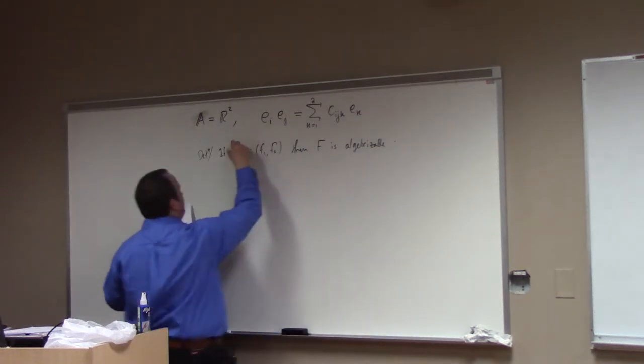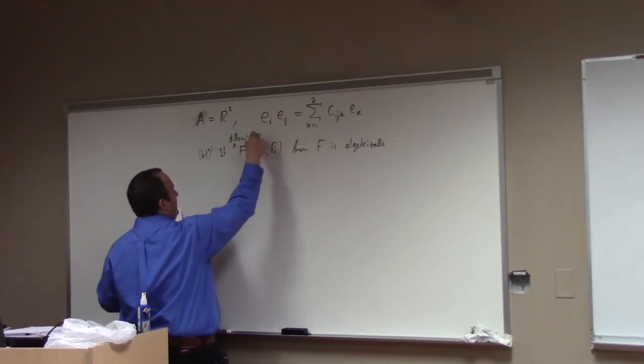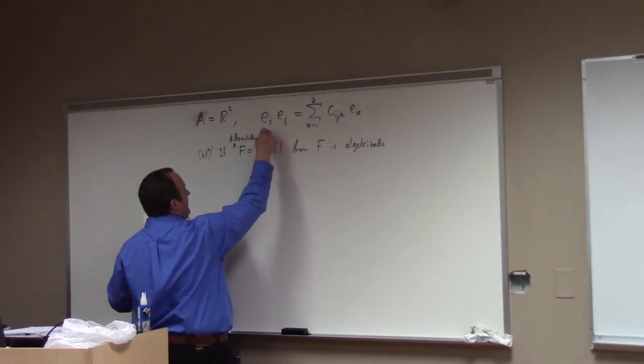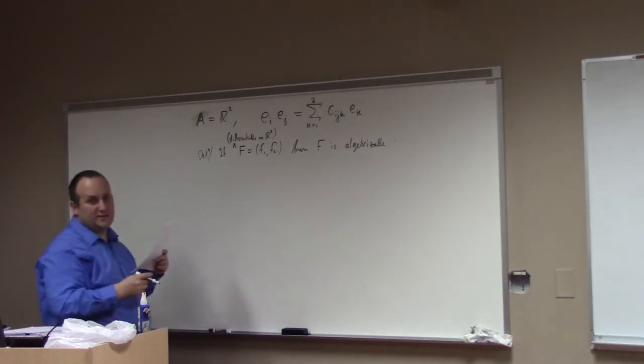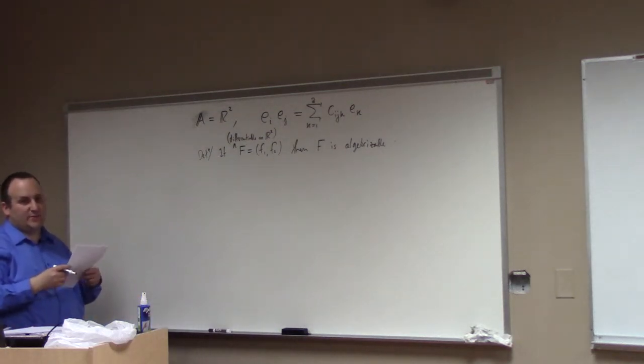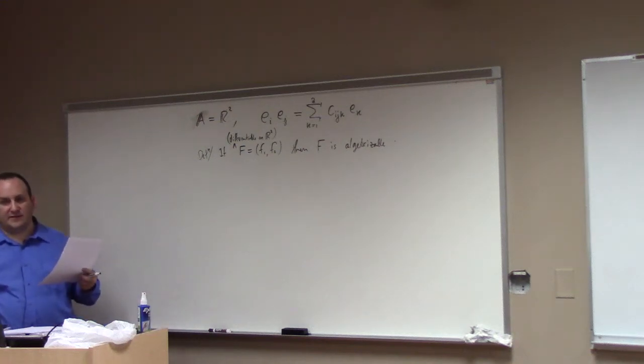I want to assume that this is differentiable on R2. Of course, we could restrict to an open subset, but I'm not really interested in that at the moment, so I'm just assuming the domain of the function is the whole plane. We can restrict later if we need to.